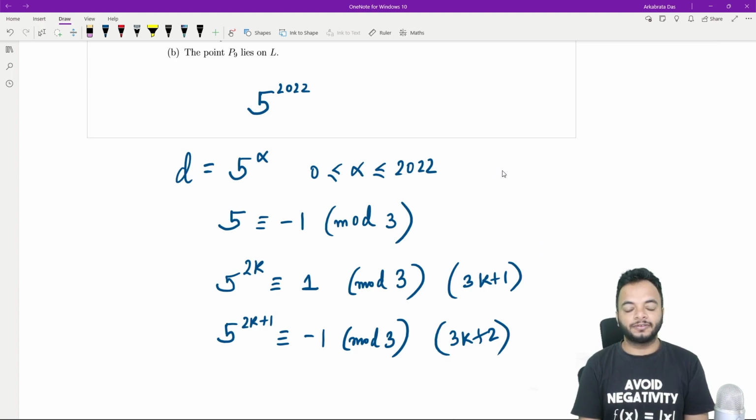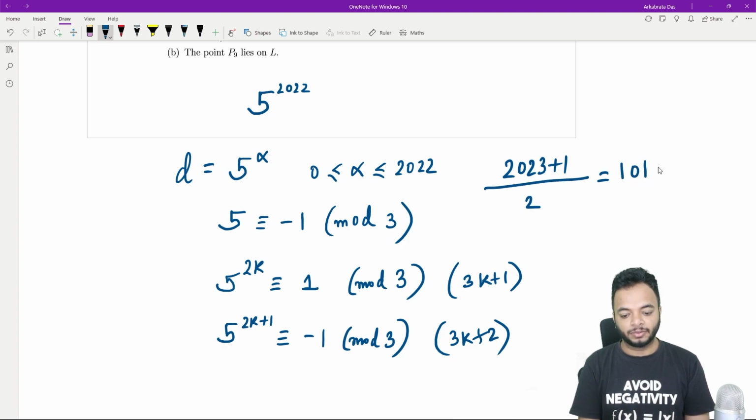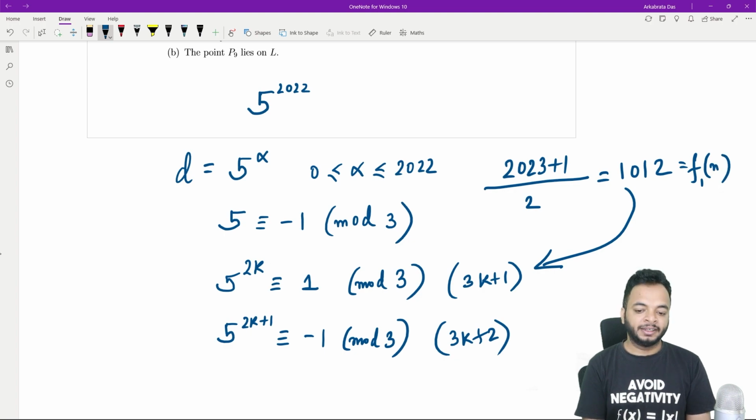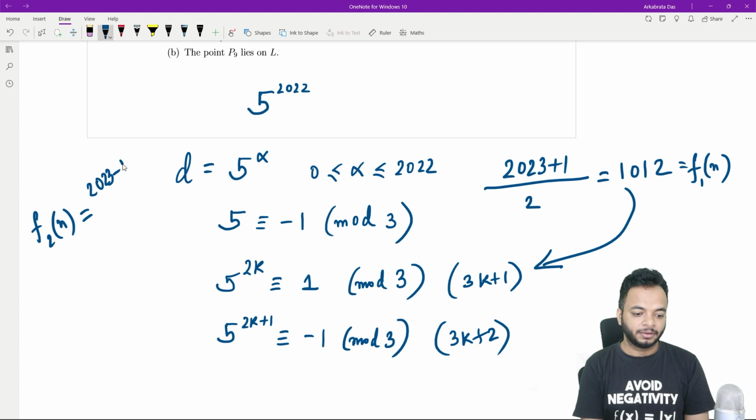That means the number of alphas which are even, that is (2023 plus 1) divided by 2, which equals 1012, and so this is f_1(n). And f_2(n) is equal to (2023 minus 1) divided by 2, or you can just subtract 1012 from 2023, and that is 1011.